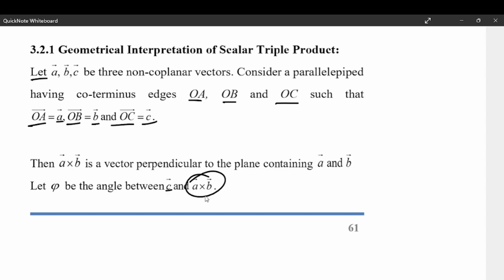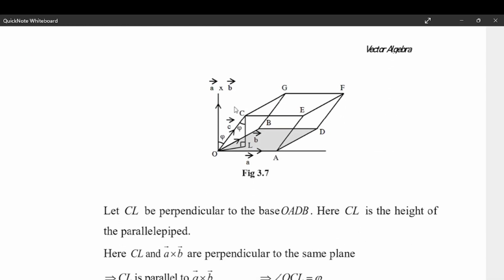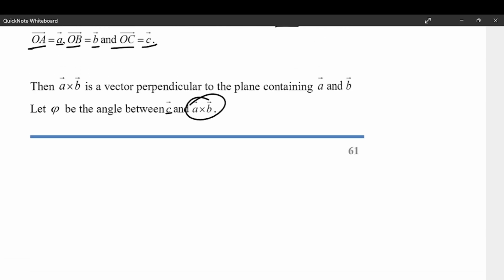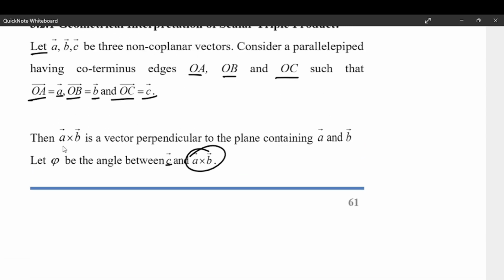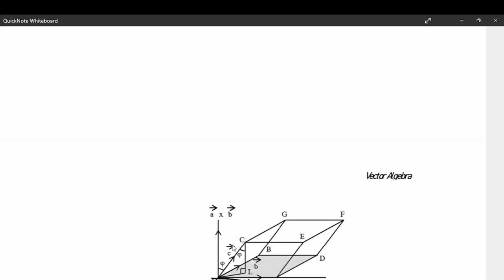Now let's check the diagram here. So this is the diagram we are talking about. We have a cross product of vector A and vector B, which is perpendicular to this side too. And that is what we said here. Here we are seeing that OA, OB, and OC are coterminous edges.